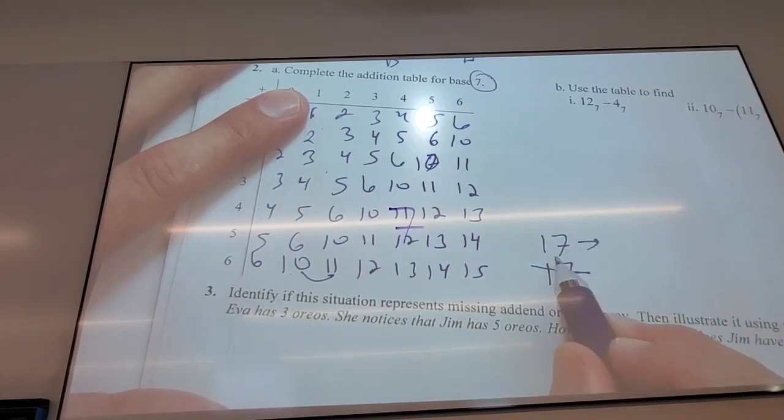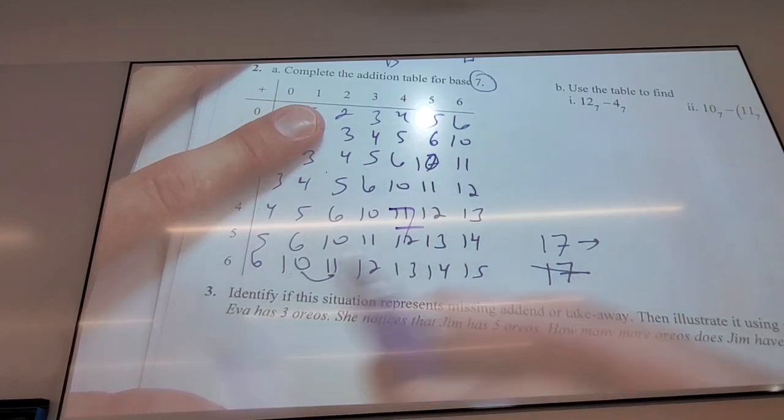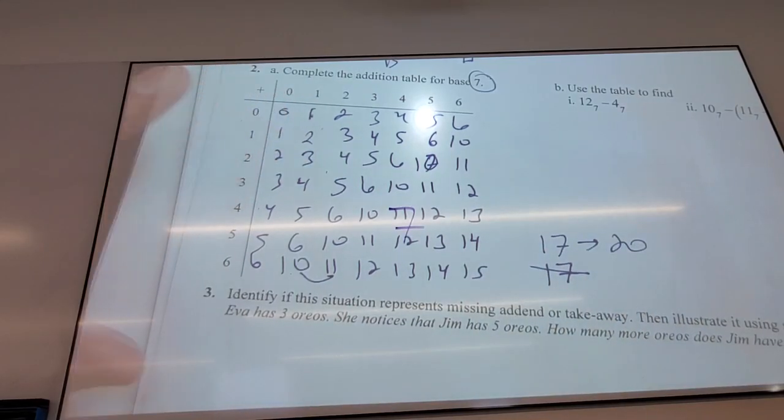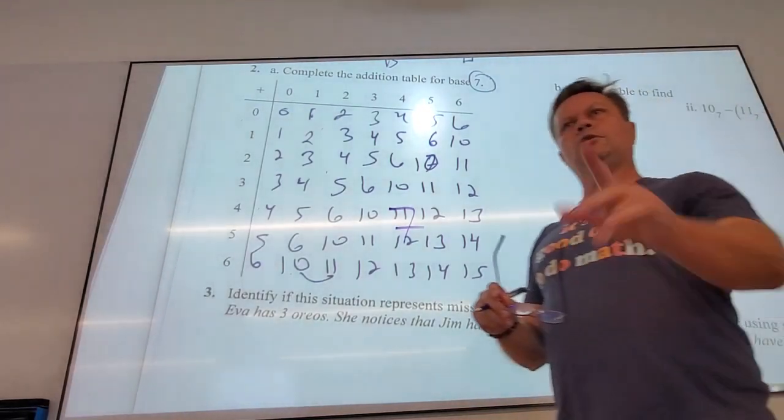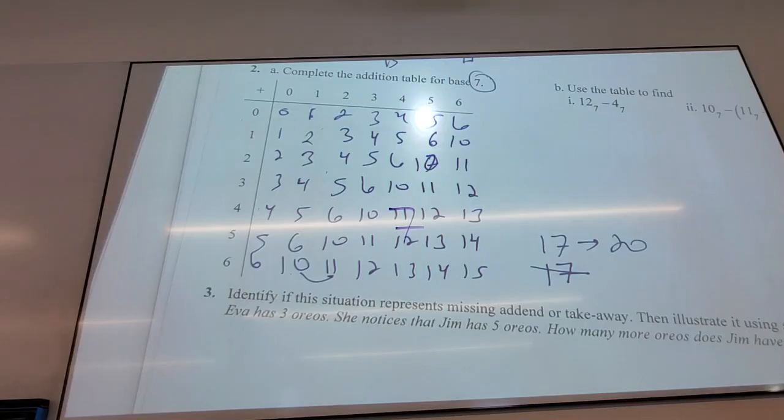If I think I'm supposed to get this, what should it be? 20. Same way if a kid said 28, 29, 2010. No, 30. Every time you hit the base, the next place increases by 1. That's exactly how base 10 works. You just don't think of it that way unless I put you in a different base, and then you have to really be careful about it.